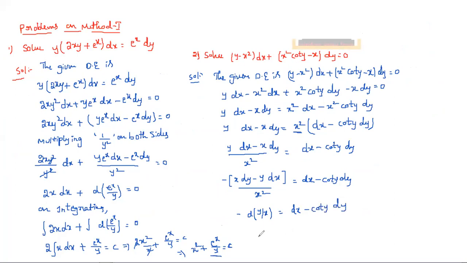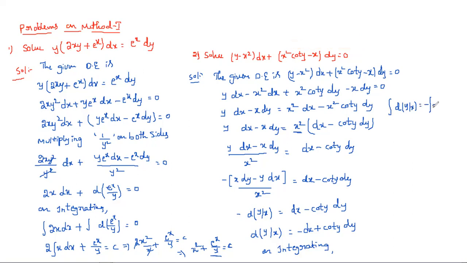Now sending that minus to the other side, we get d(y/x) = −dx + cot y dy. Now directly you can apply integration on both sides. On integrating, we can write the integral of d(y/x) is equal to minus integral dx plus integral cot y dy.